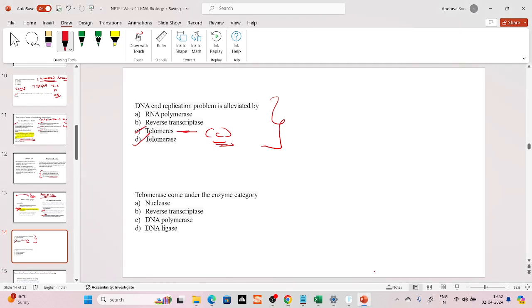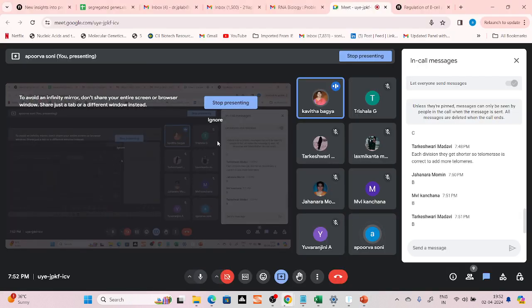But I don't think that telomeres should be the correct answer, because every chromosome already has telomeres, right? The problem can be reduced by the addition of telomeres, and that addition can be done only by telomerase. And that is why in most of the anti-aging drugs, in genetic engineering, in new research, they are focusing on telomerase enzyme and not just telomeres.